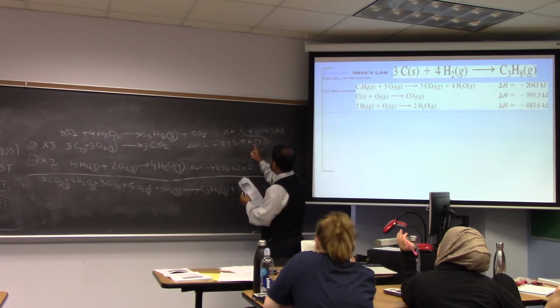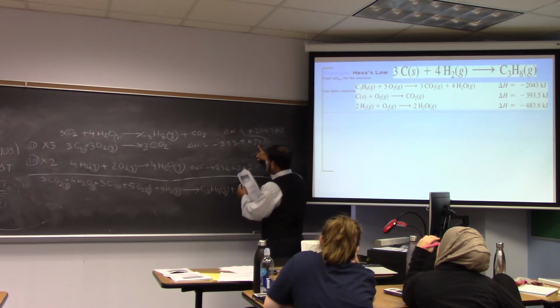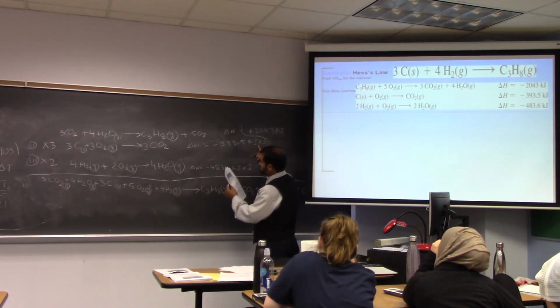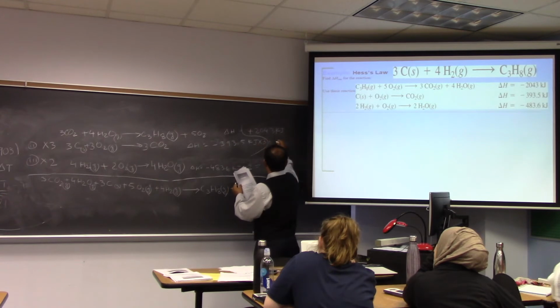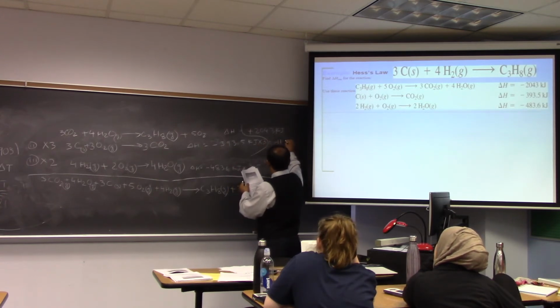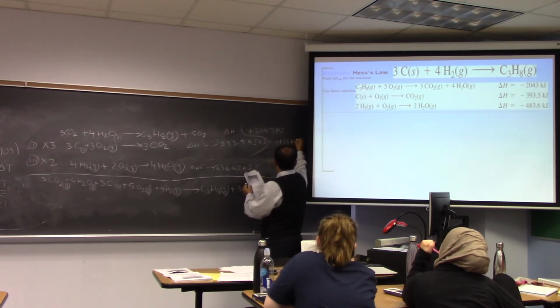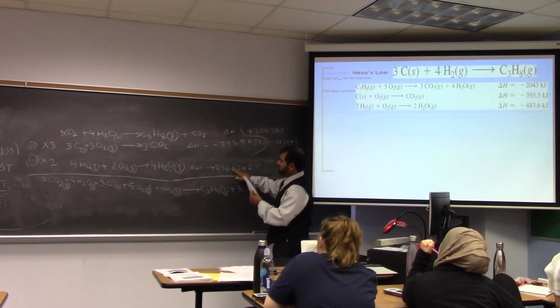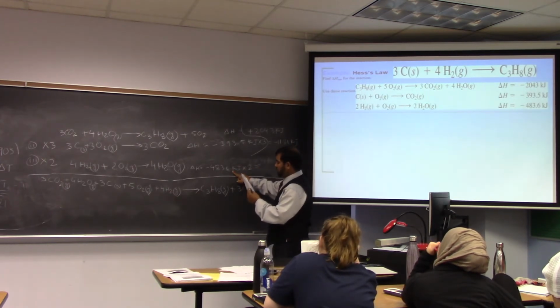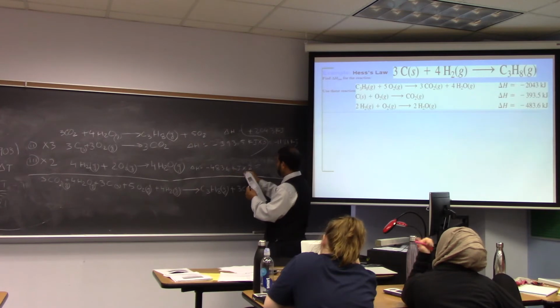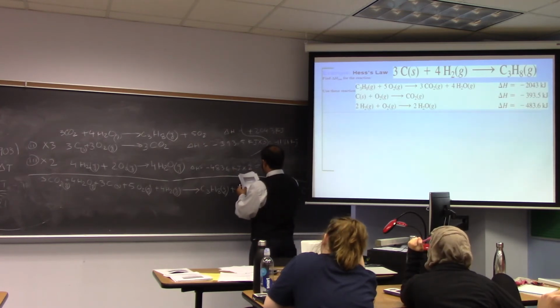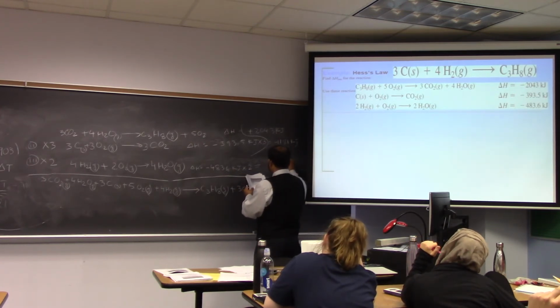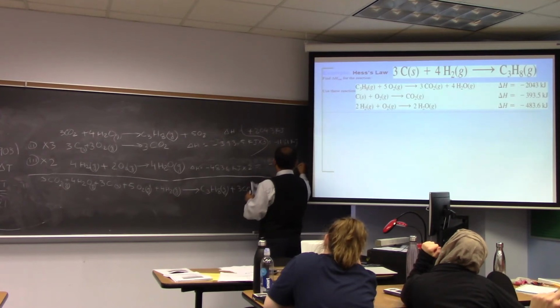So if you multiply this with the 3, then you got negative 1181 kilojoule. Then this one, forming water, you got negative 967.2 kilojoule.